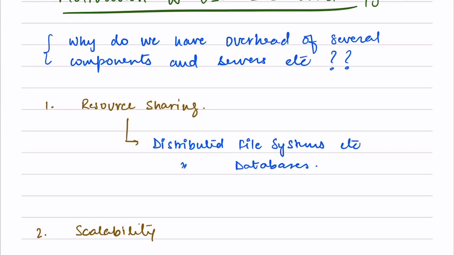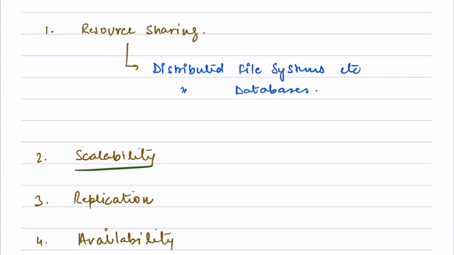And the second thing is that scalability is easy. Let's suppose one node needs more memory. You can scale that particular node itself. Or suppose you have a payment gateway and you want it to be very scalable, handling multiple requests.